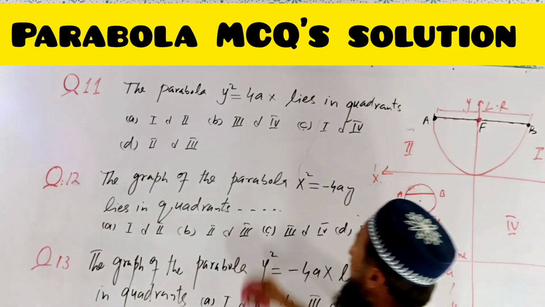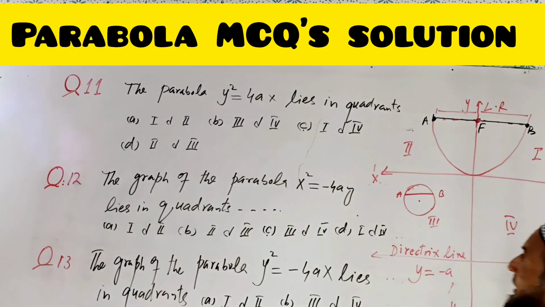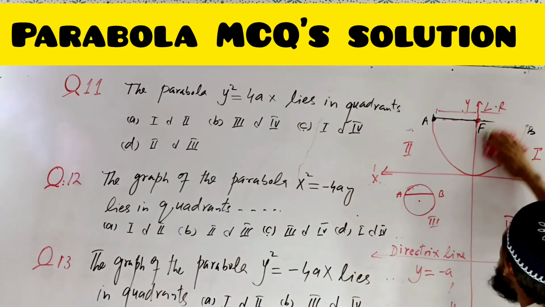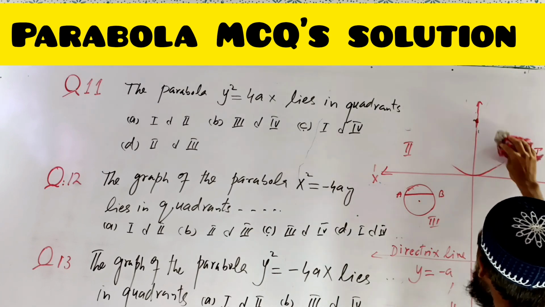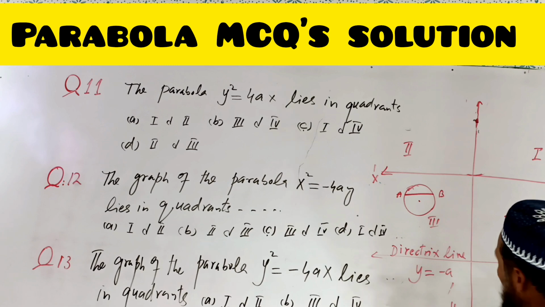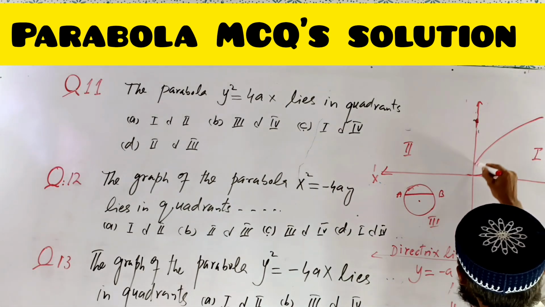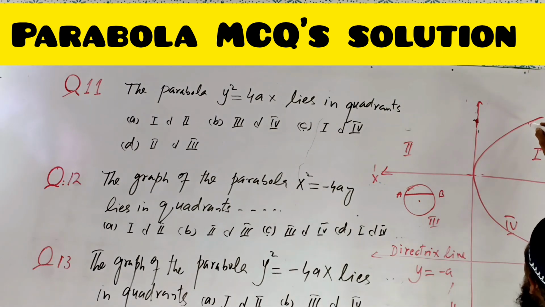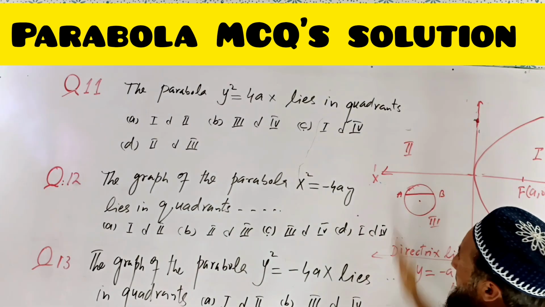If the parabola y square is equal to 4ax, in which quadrant does it lie? The parabola is making along the x-axis, so we change the parabola here. The vertex is 0, 0, the focus is a, 0, and the directrix is on this line.